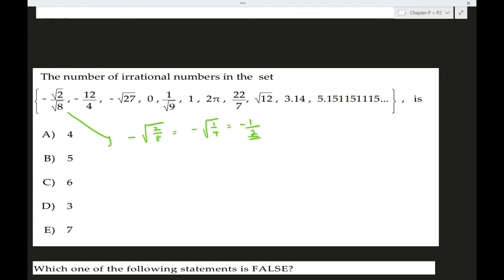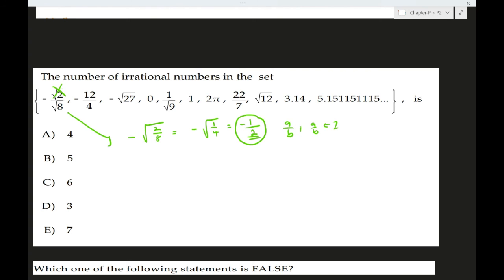You see, it is no longer an irrational number. It becomes a rational number, because you can write it in the form a over b, where a and b are integers. So it's not an irrational number.